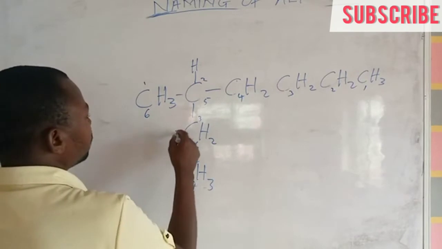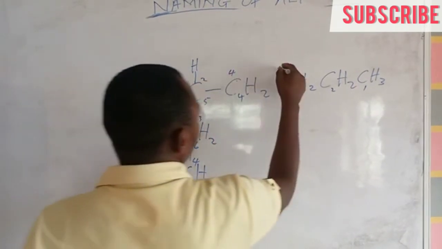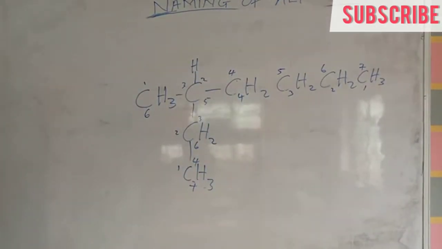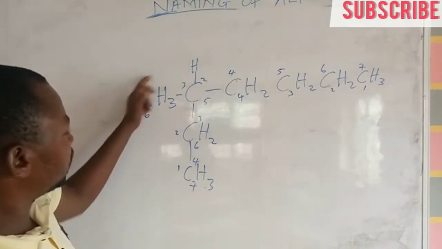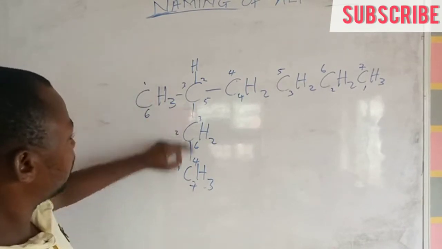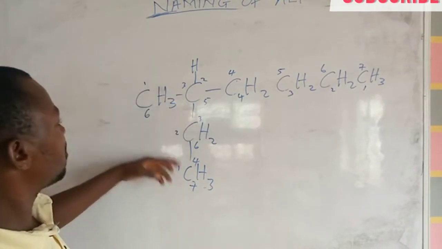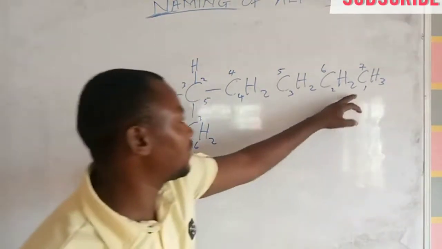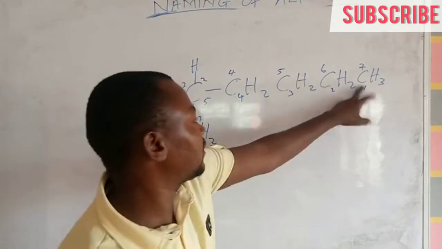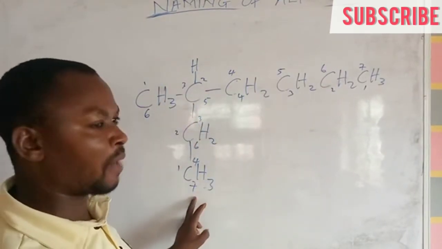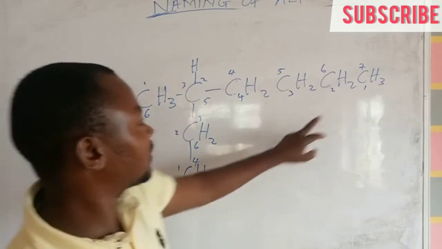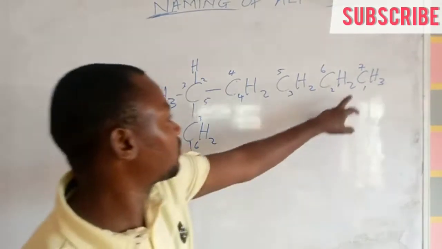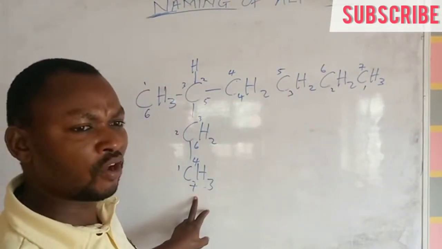So I have 1, 2, 3, 4, 5, 6, 7. So let's now see which one. This is a very short structure, so we can't use this, and we can't use this too. When we counted this straight it is 6. When we counted it to this curved part it is 7. So we can't take it straight, because straight is number 6, and when we take it to this curve, we have a number 7.